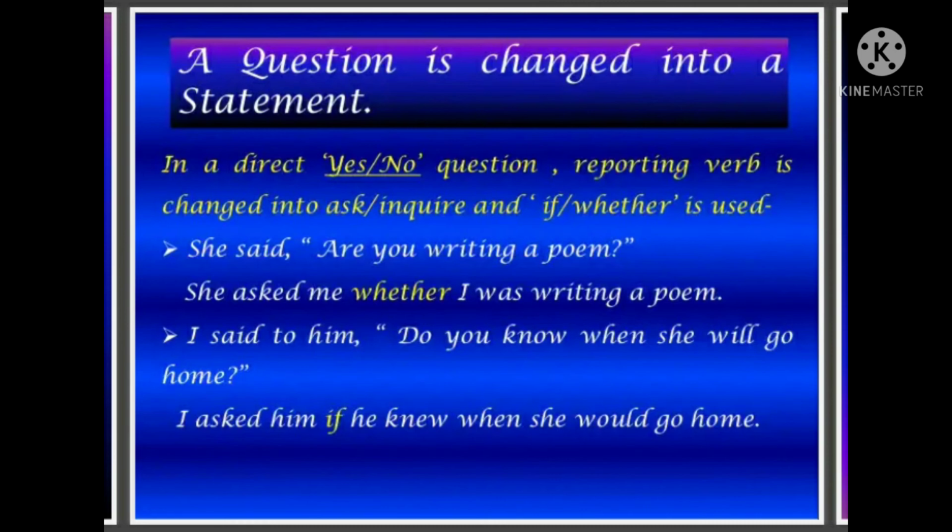Example, she said, "Are you writing a poem?" It's a question, an interrogative sentence. She asked me whether I was writing a poem. So an interrogative sentence is converted into a statement.